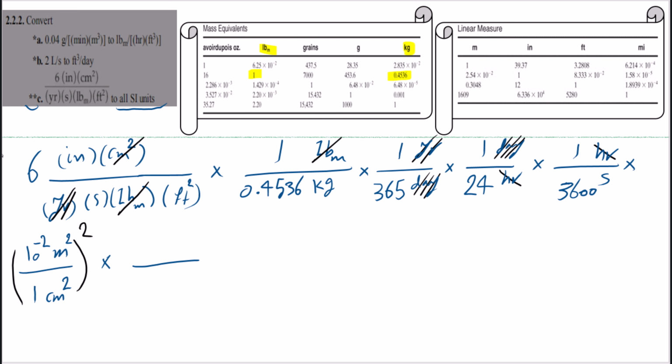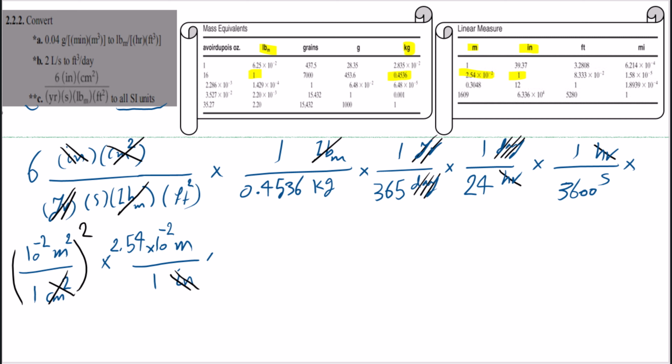And multiply, inch must be converted to meter. Look at here. 1 inch must be converted to meter, 2.45 multiply 10 power minus 2. So in this case, inch will be removed and centimeter also deleted in the previous part.